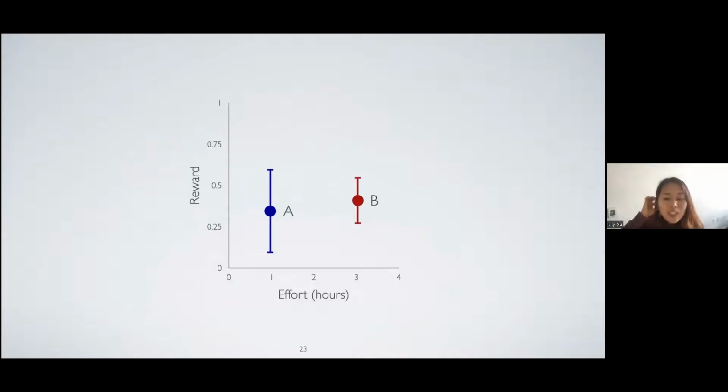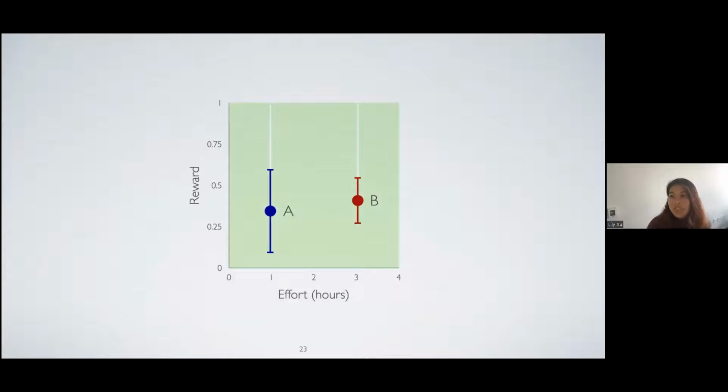So now let's look back at our toy example, but here A and B correspond not with 2 generic actions, but rather with our estimate of the mean reward for patrolling target 1 at either 1 or 3 hours of effort. So as it stands, with no additional observations from target 1, our uncertainty space for any amount of effort other than A or B could be anywhere in this green region.